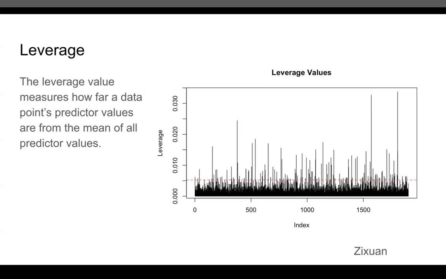So we can pay more attention to these values that are far away from these. But the leverage value of these observations are still within 0.03, which shows that they are still not so influential as an outlier.